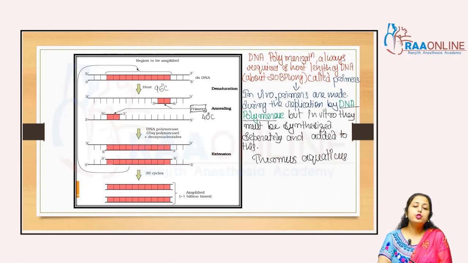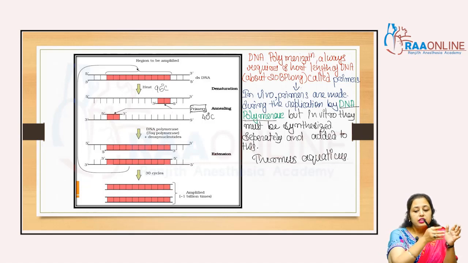Thermus aquaticus grows naturally in hot springs at a temperature of about 90 degrees centigrade, so it is not denatured by the high temperature. Its optimum temperature is about 72 degrees centigrade. The mixture is heated to this temperature for a few minutes, to allow the replication to take place as quickly as possible.